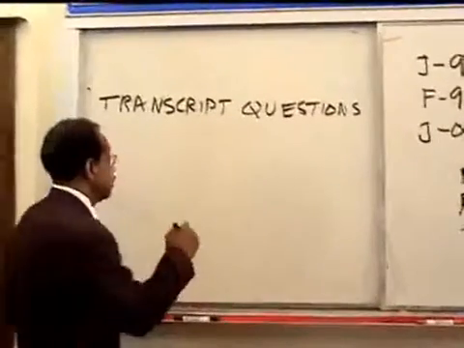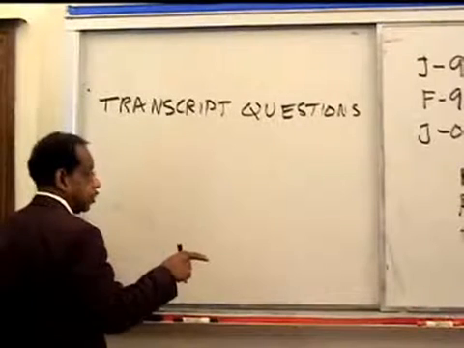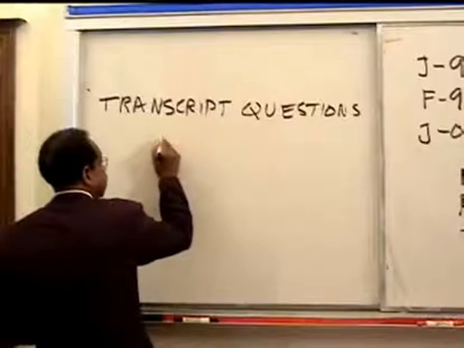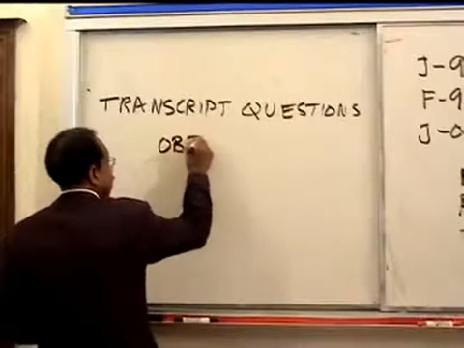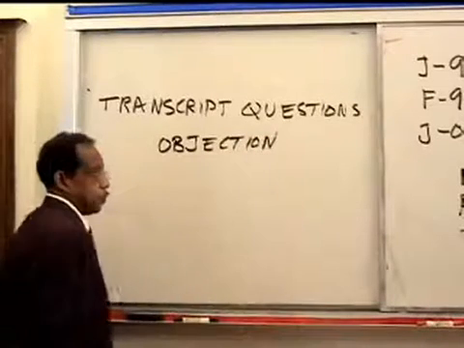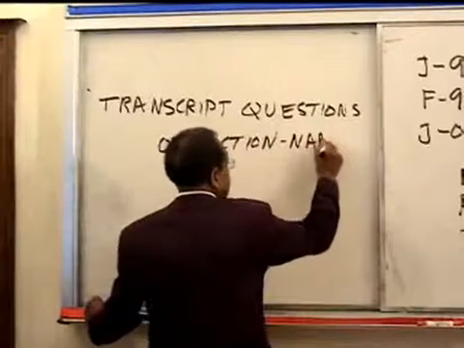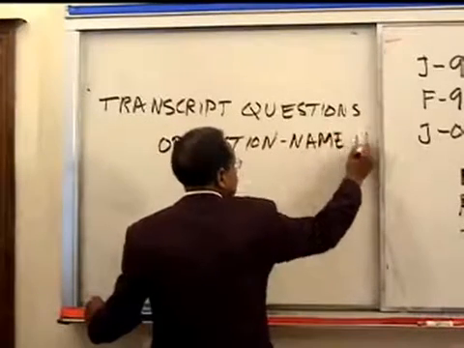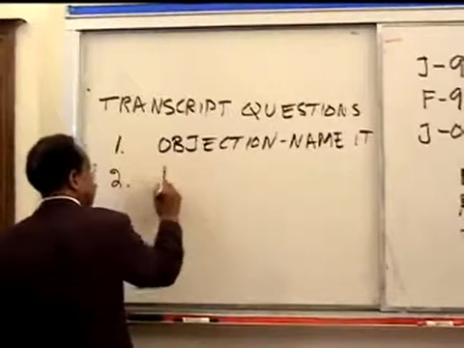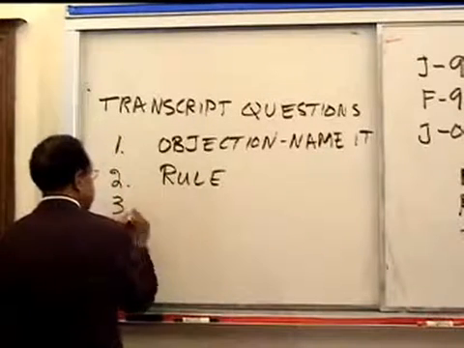In those cases, what you should do is not go through relevance, foundation, exclusion. Instead, what you do is you identify the objection, okay, name it, there's the objection. Then secondly, you give the rule. Third, application.